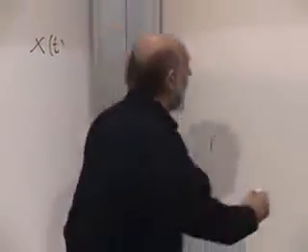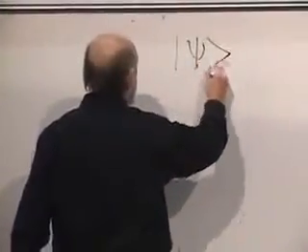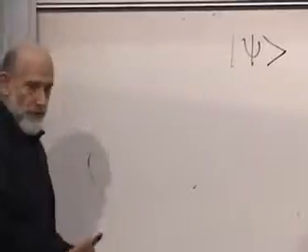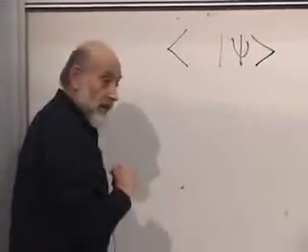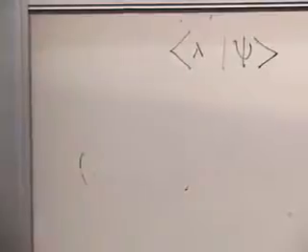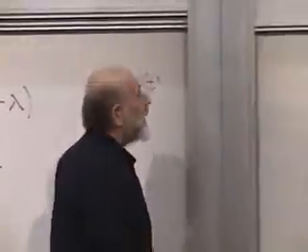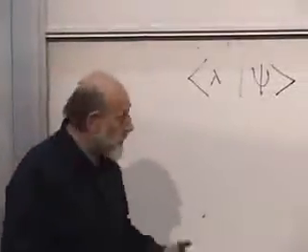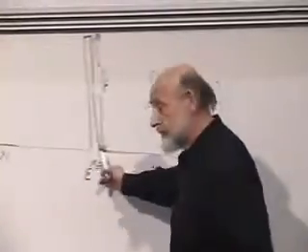Well, let's take psi of x and take its projection, its inner product, with the eigenvector lambda. Eigenvector lambda corresponds to a particle located at position lambda. In other words, it's the eigenvector of the position, and it's the state in which the position has a definite value.